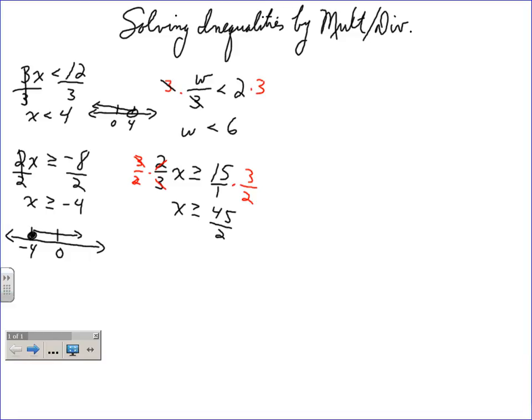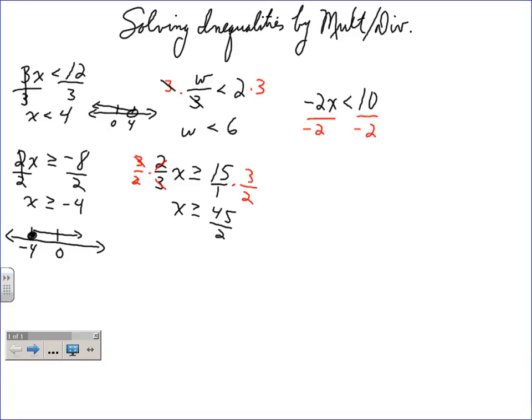Okay? All right, so for the exception, let's take -2x is less than 10. Now how do we solve that? Luke? Divide by -2. The problem here is when we have an inequality and we divide by a negative.